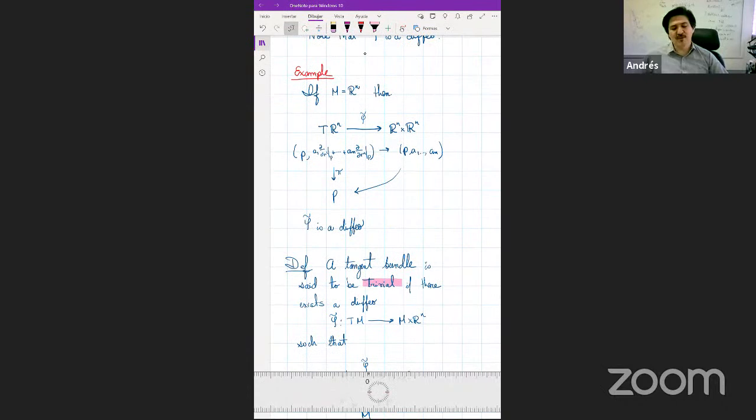But also remember that Rn is a Lie group. The operation means the sum of vectors. So that will give you another argument that this is trivial because Rn is a Lie group under addition.